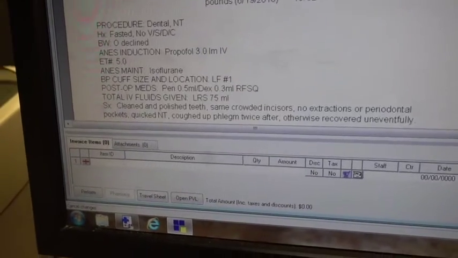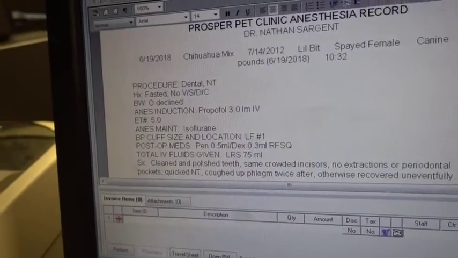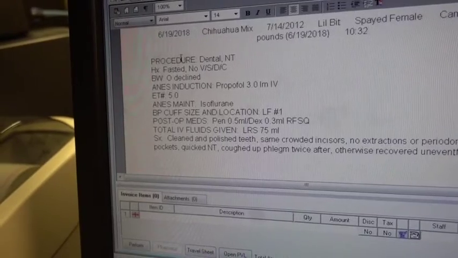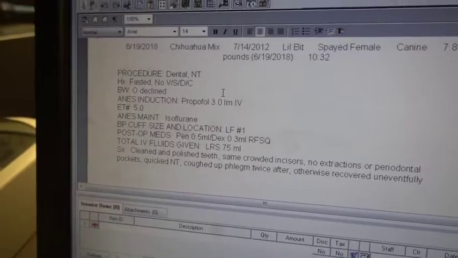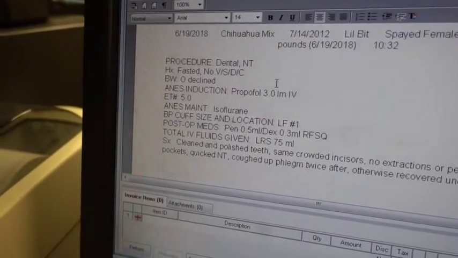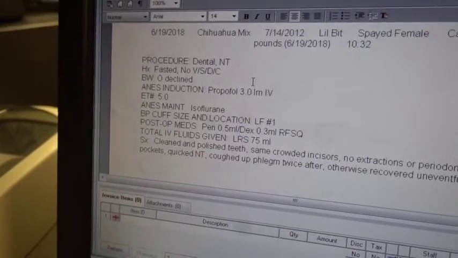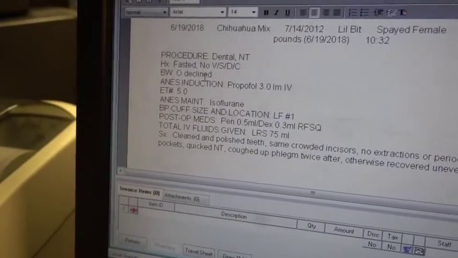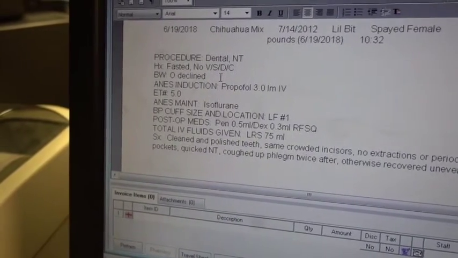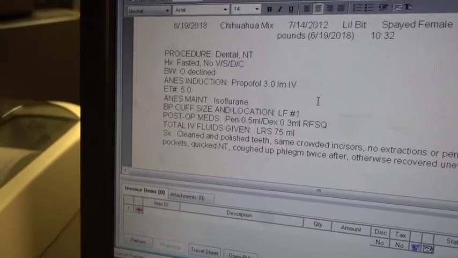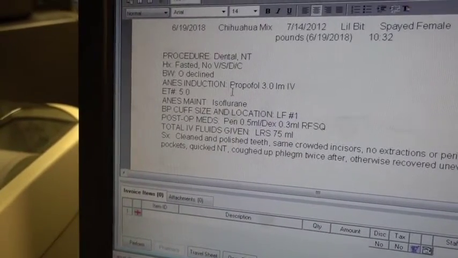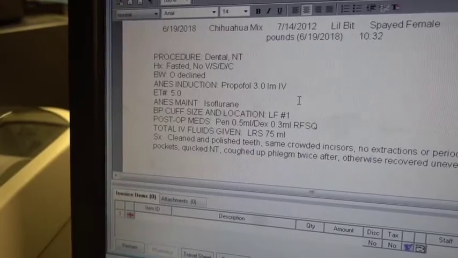This is our anesthetic record. So we explain what procedure they're going under for, anything that we're doing under the procedure. We have a good history. Blood work will explain right here what the results are if the owner declined it. Our induction will let us know what we did to induce the dog and how much of it we gave and where we gave it.